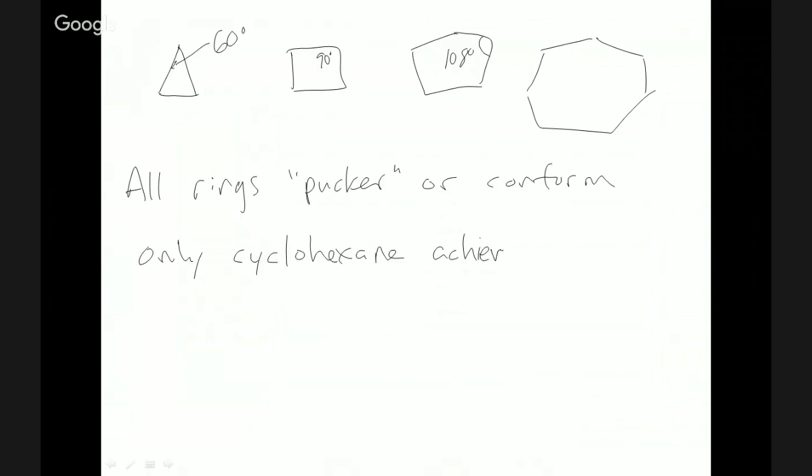So all rings pucker, which means they adopt or conform to reach bond angles as close to 109.5 as possible. Only cyclohexane achieves 109.5. If planar, this would be 120 degrees, and it would have torsional, steric, and angle strain.